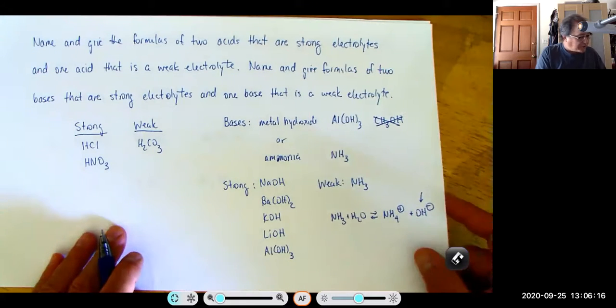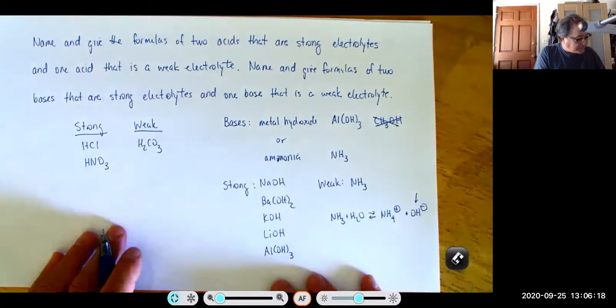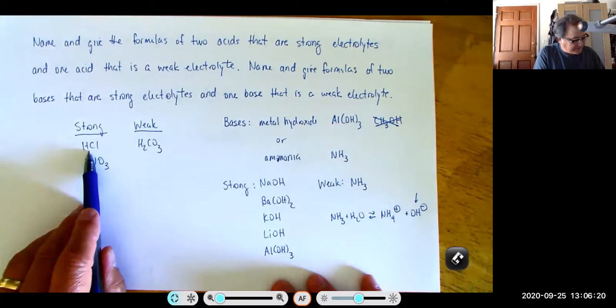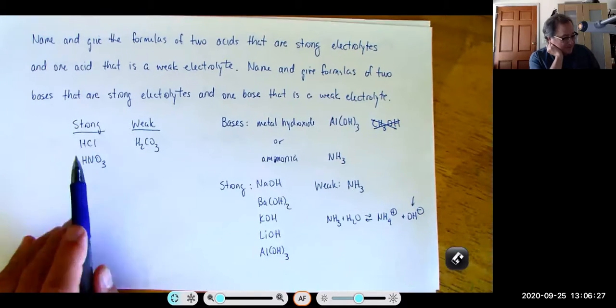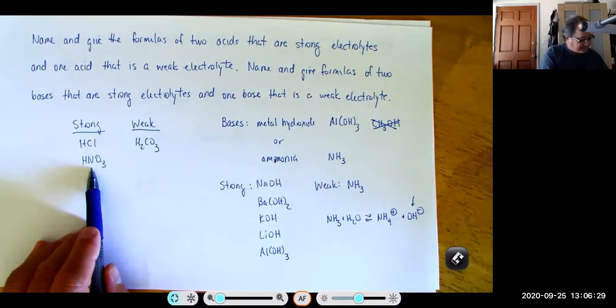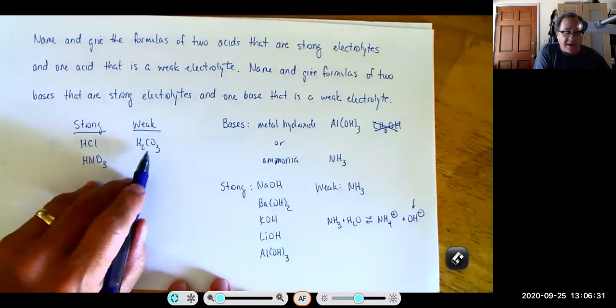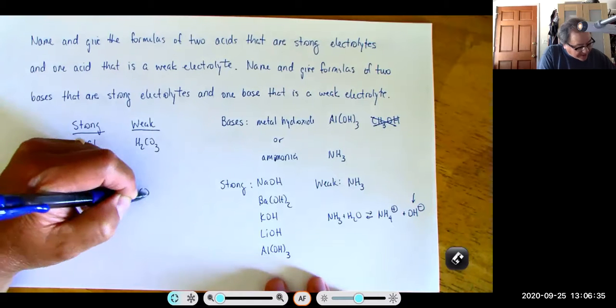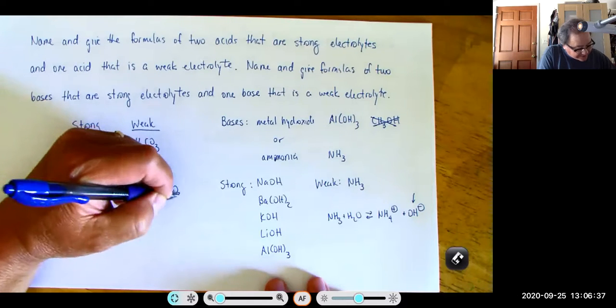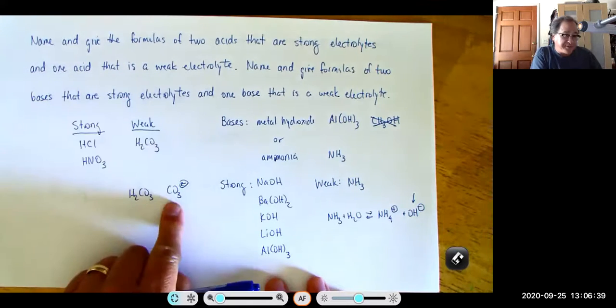Okay, now you're supposed to name them. What's the name of this guy? Called hydrochloric acid. This guy is called nitric acid. And this guy is called carbonic acid. Now, if you look at this carbonic acid, it looks kind of like this, only with hydrogens.